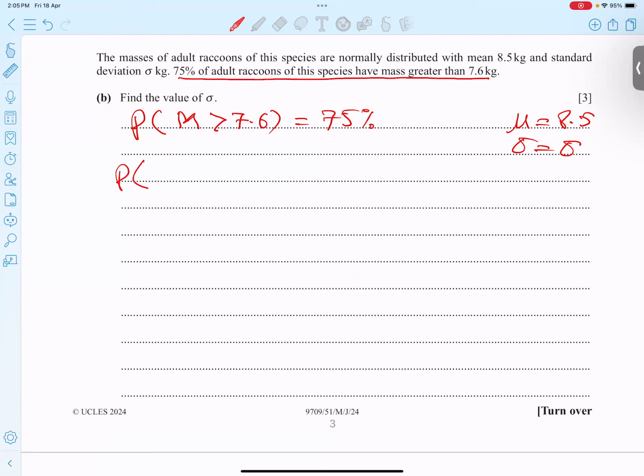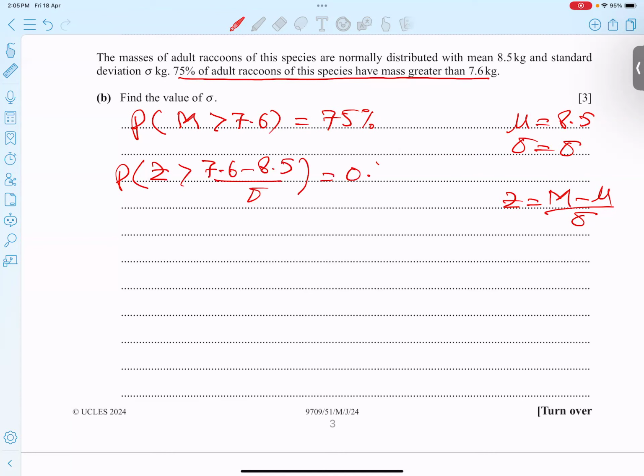How to convert it? As usual, you know it. If you want to convert it, it is x minus mean over deviation, or m minus mean over deviation, same thing. This m will convert into z, and 7.6 minus mean by deviation.